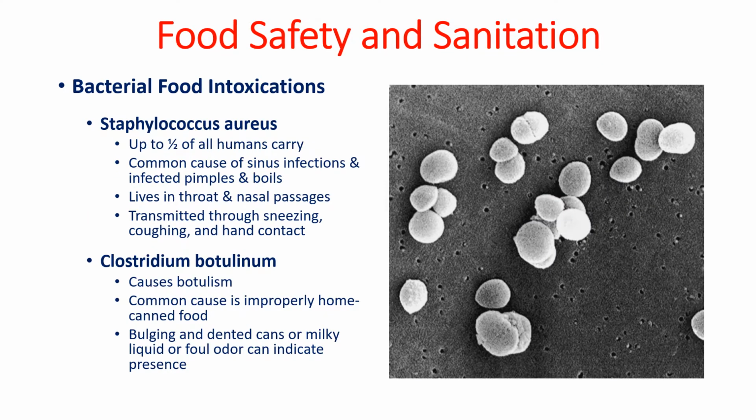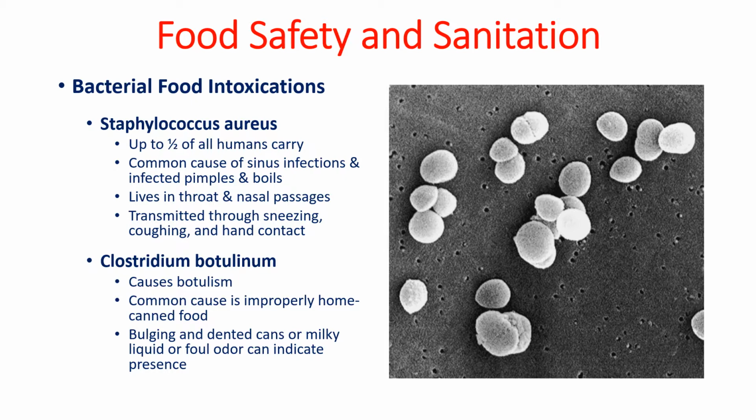So, bacterial food intoxications. Again, this is an illness that's not related to the bacteria itself, but rather some sort of toxin or poison that the bacteria is producing. Two examples of this. First one is Staph aureus, and this is an extremely common bacteria. It's found very commonly on humans. Up to about half of all humans carry this and don't have any side effects from it.